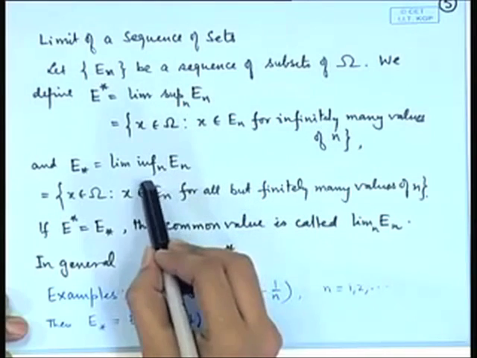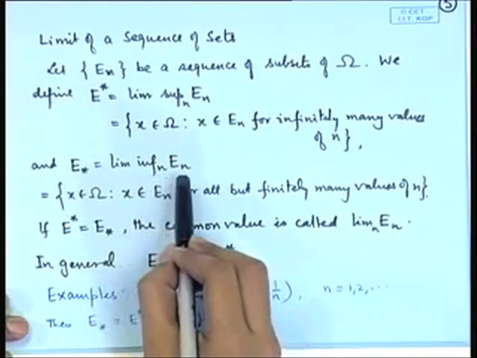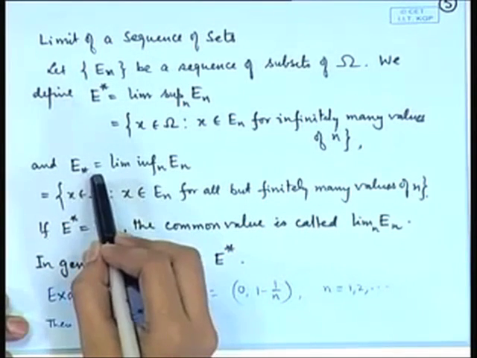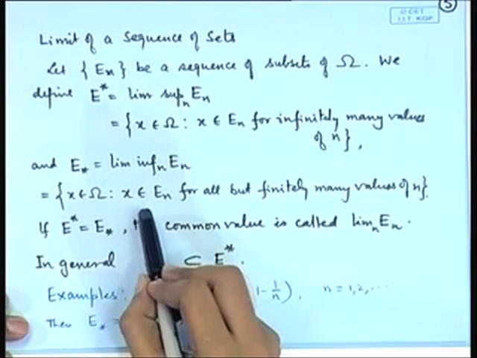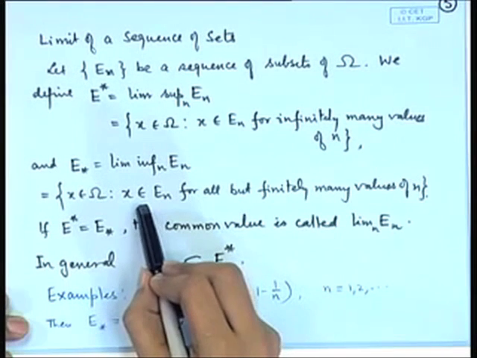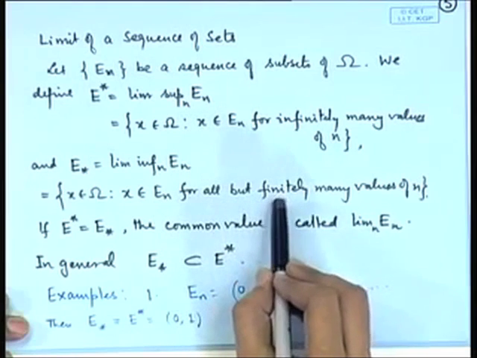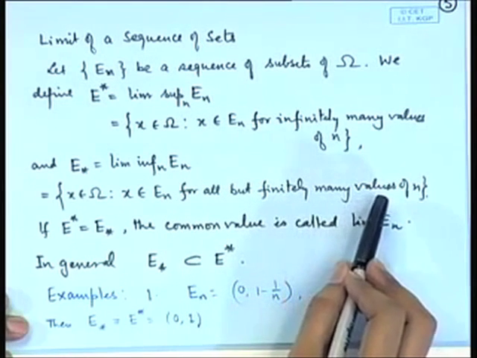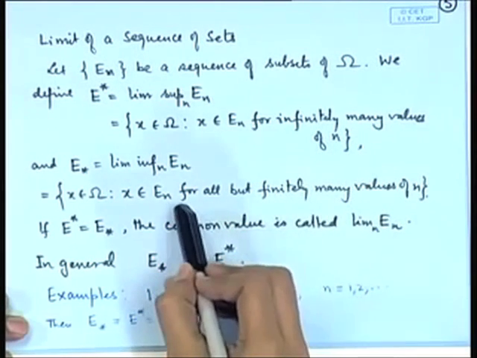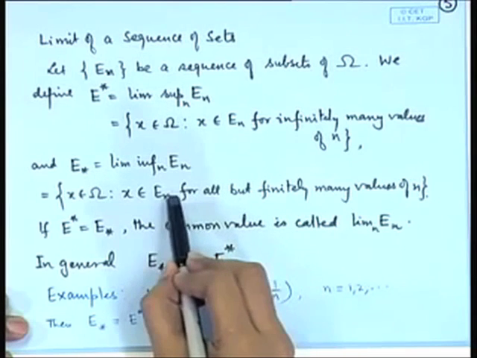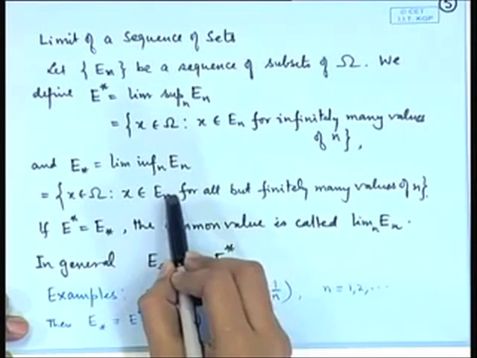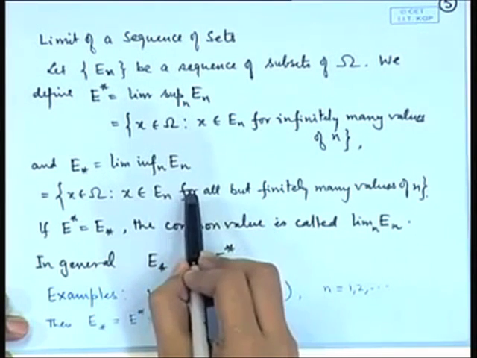In a similar way, we define limit inferior of E_n, called E lower star. It is the collection of those elements of omega which belong to all except maybe a finite number of values of n. That means they belong to almost all the E_n except maybe a few of them.